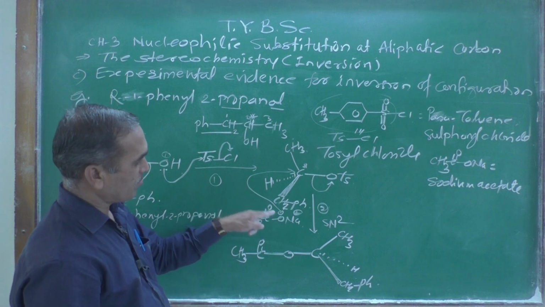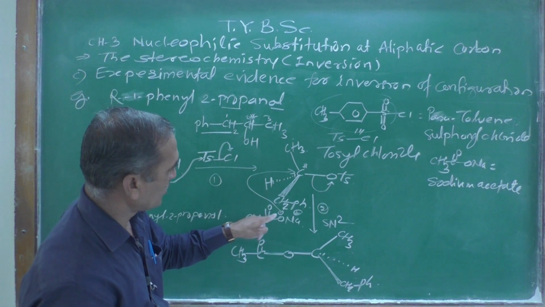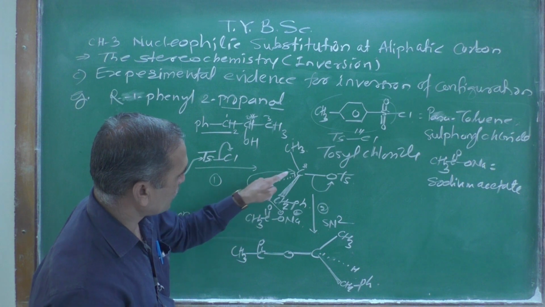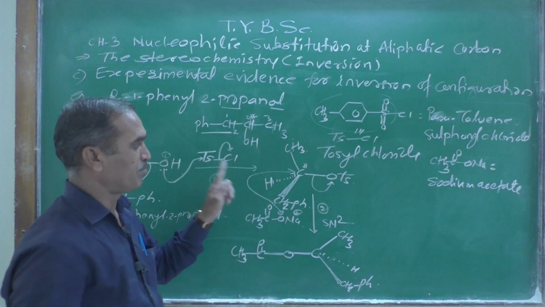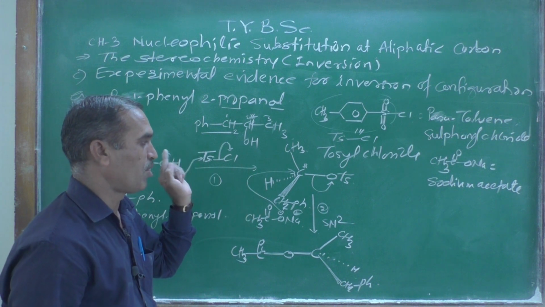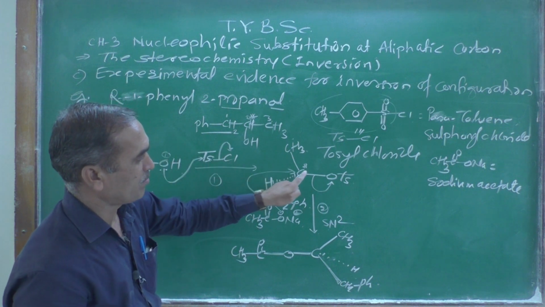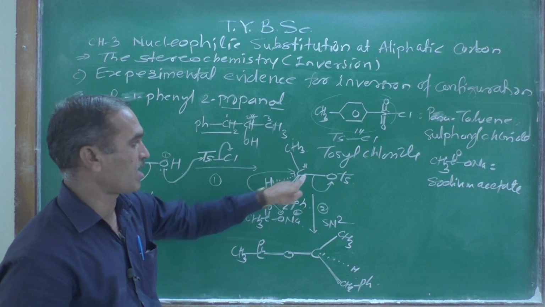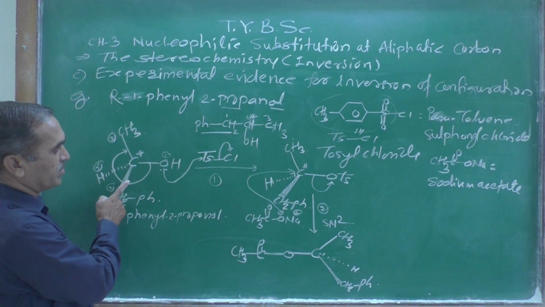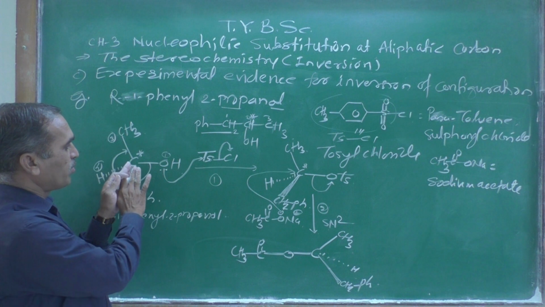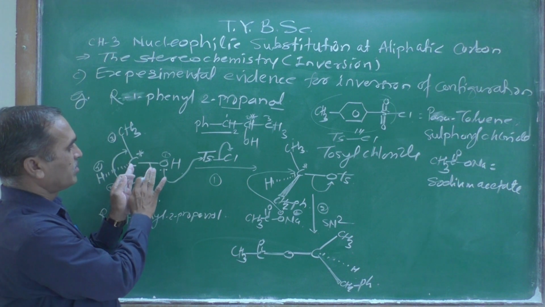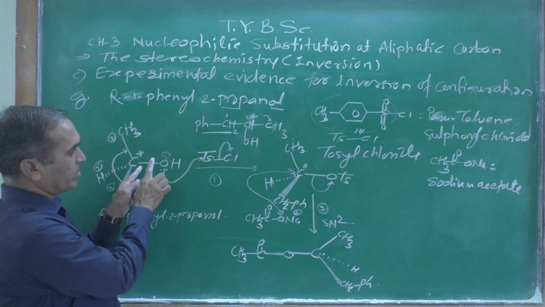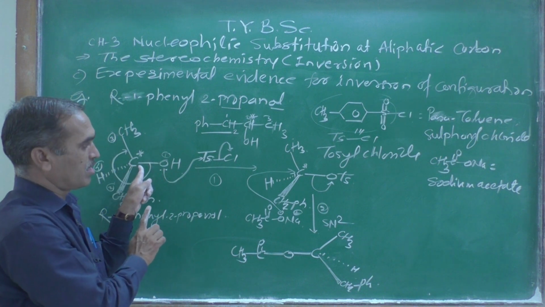Now if you look carefully, the attack of the nucleophile from the backside, the bond making and breaking takes place at the chiral center. In the first step, no bond breaking or forming takes place at the chiral center.